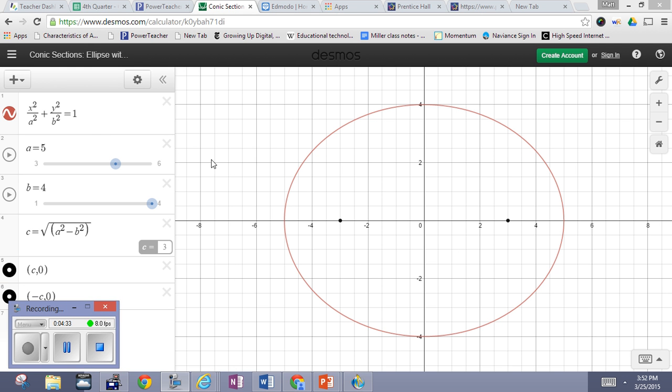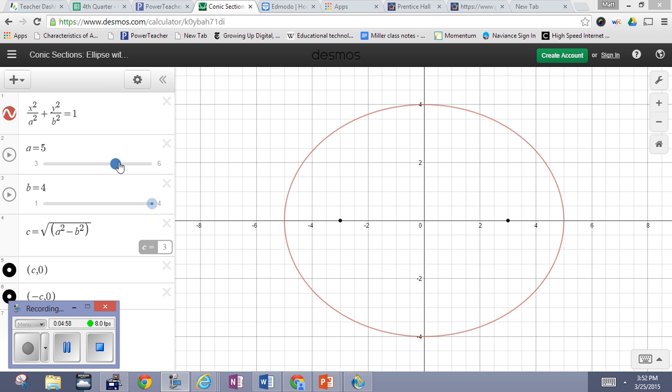Okay, we're back. We're looking at Desmos, and I'm going to provide this Desmos link for you right here as well. Here with this Desmos link, we have the defined ellipse right here. We've got a. We're going to try to keep a larger than b at all times for this, because that's the way this one is set up.